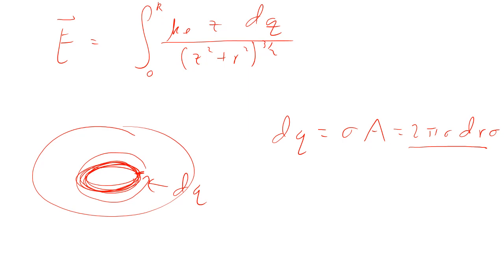So this is the area of the ring: the distance around, 2 pi r, times the thickness, which is dr. That gives you the area of this little differential ring.